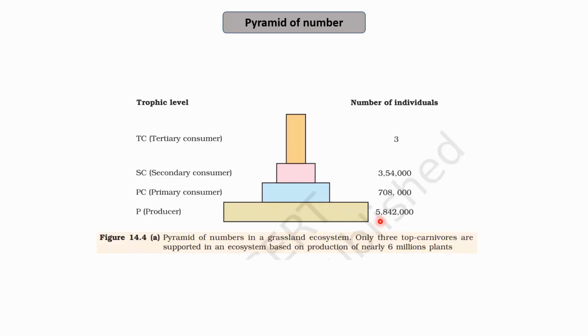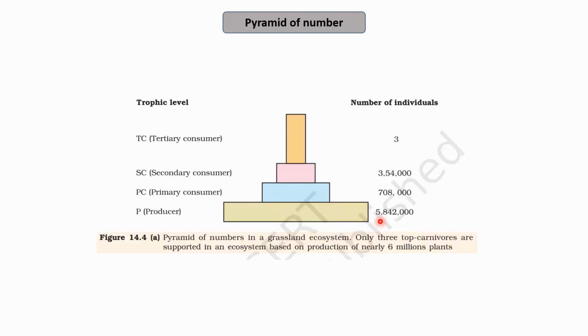Such pyramids are known as upright pyramids, where the base, that is the producers, forms a broad base, and the pyramid gets narrower at the apex, representing the tertiary consumer.